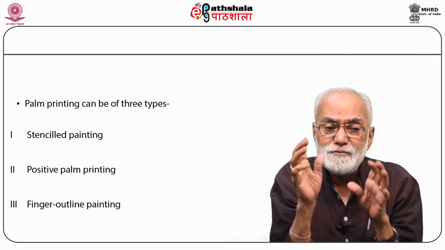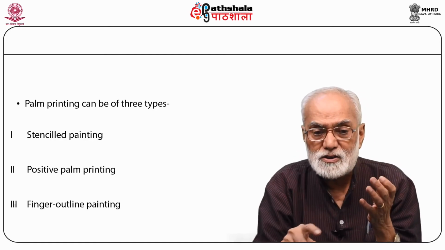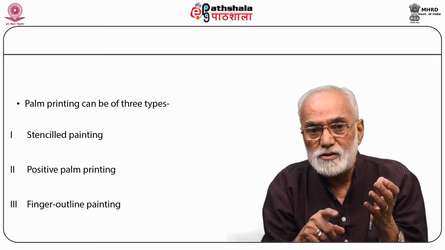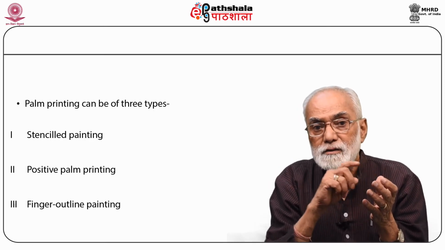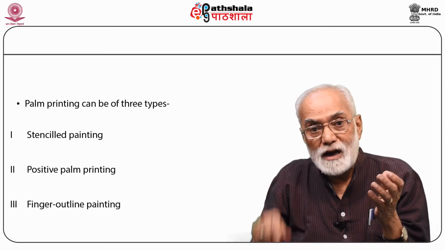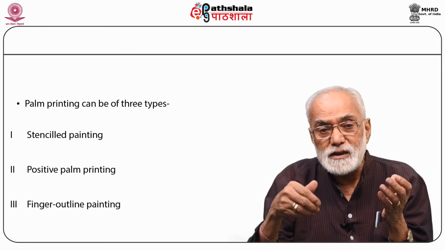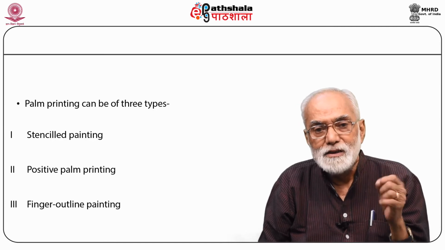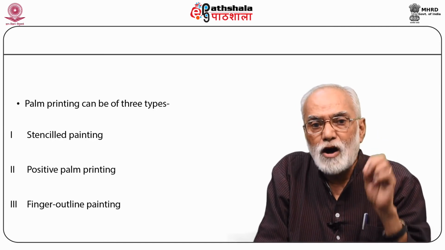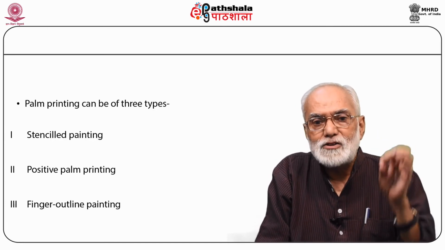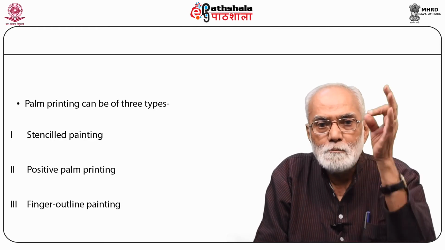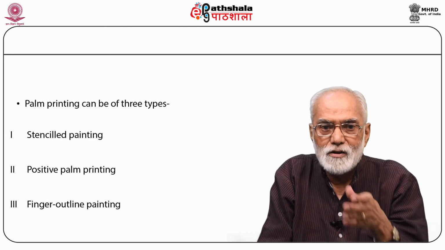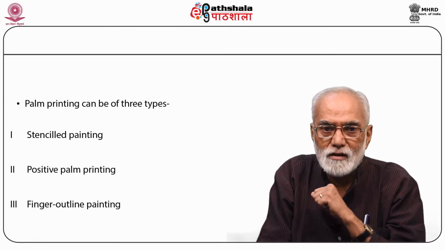So if there is anything which cuts across all regional variation and all temporal variation, early historic, Mesolithic, Chalcolithic, everywhere you find the palm printing. So one lowest common denominator of prehistoric rock art in India is palm printing. It doesn't prove whether it is Mesolithic or Neolithic or Chalcolithic or early historic.